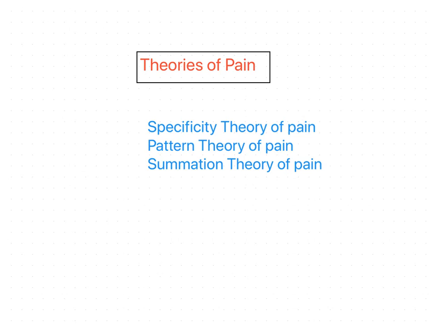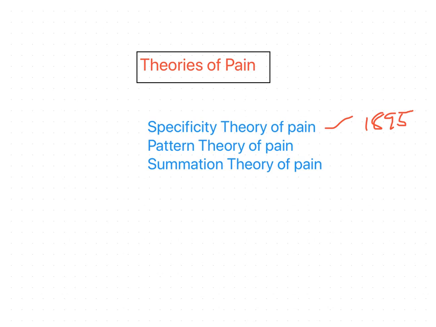Okay, if you see the specificity theory of pain, this theory was proposed by Von Frey in 1895. He explained that receptors will be specific to a particular type of sensory experience.